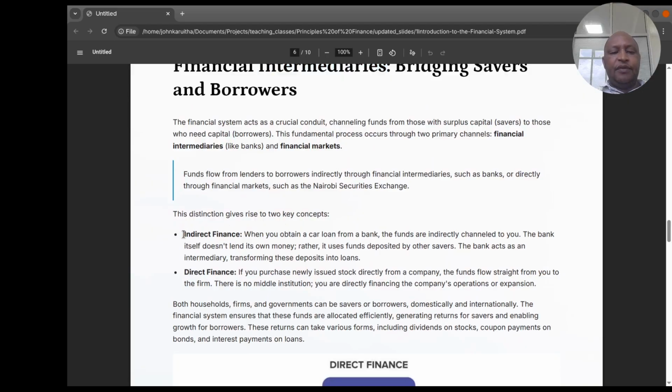And financial intermediaries engage in what we call indirect finance. They take money from you, then they lend that money to somebody else. You can see they are taking your money and lending it to somebody else. That is an example of indirect finance, as opposed to you yourself taking your own money and lending it to somebody else.